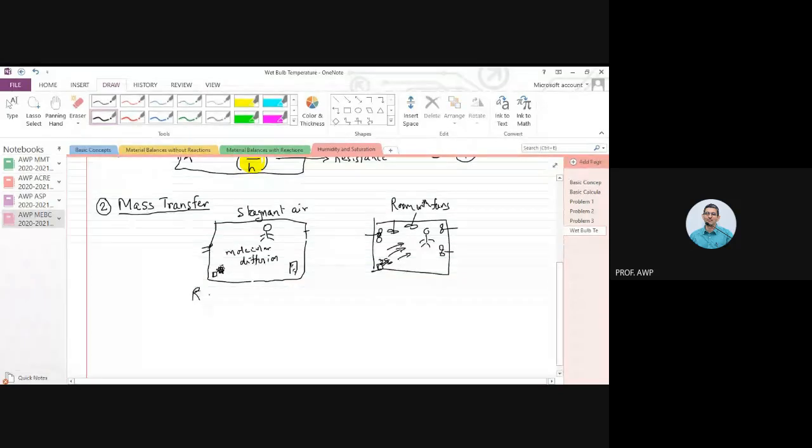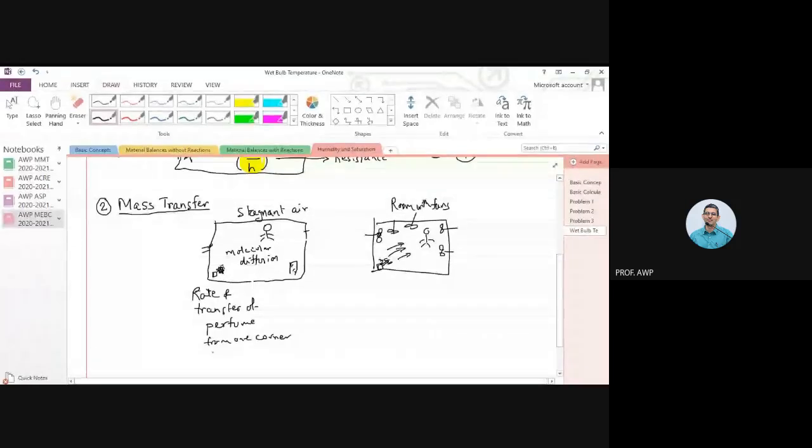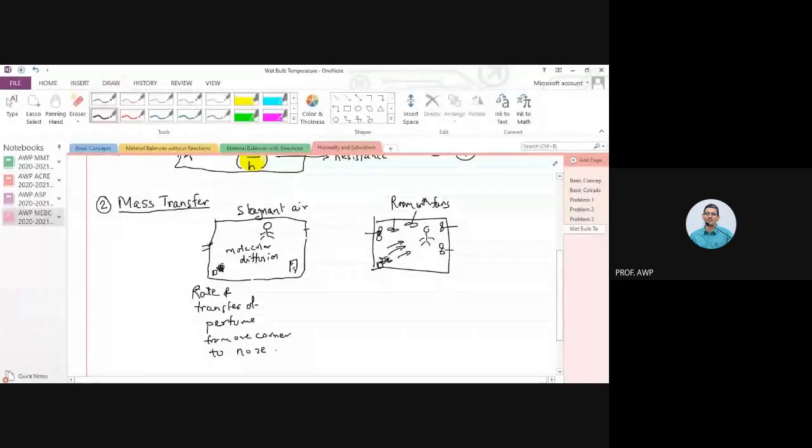So again, same thing we can talk about. What is the rate of transfer of perfume from one corner to the nose of the person?